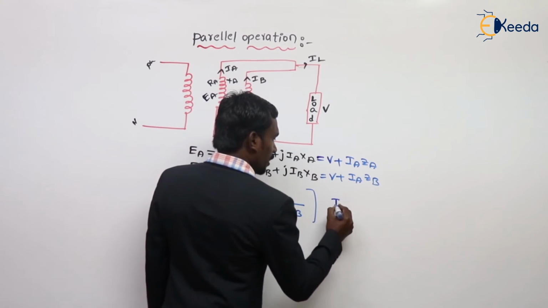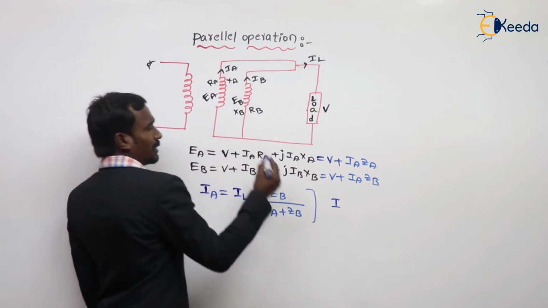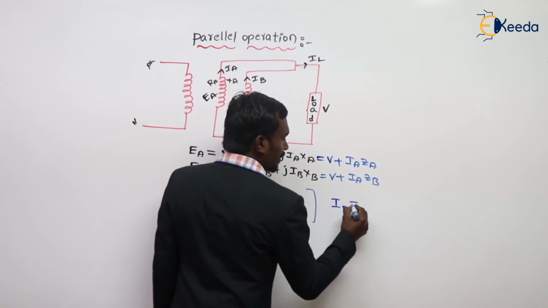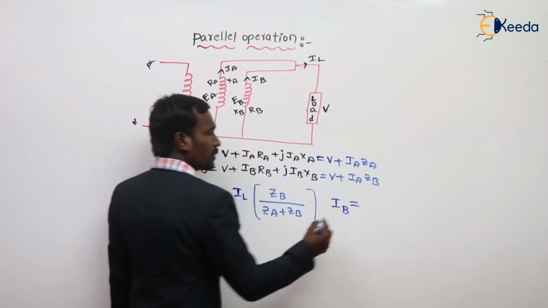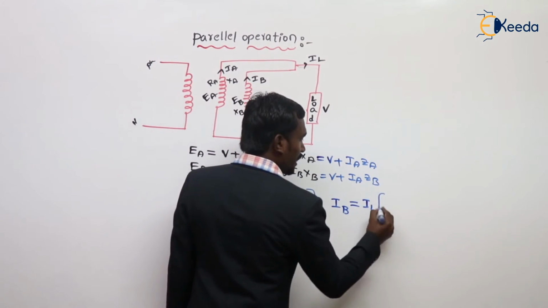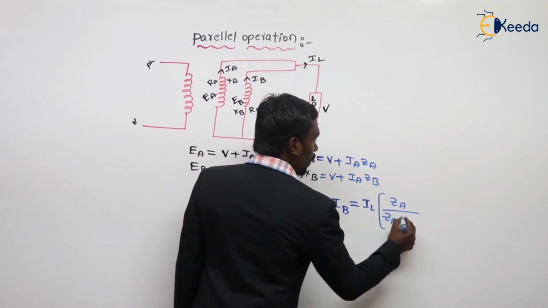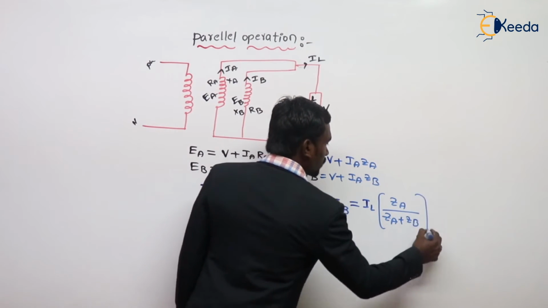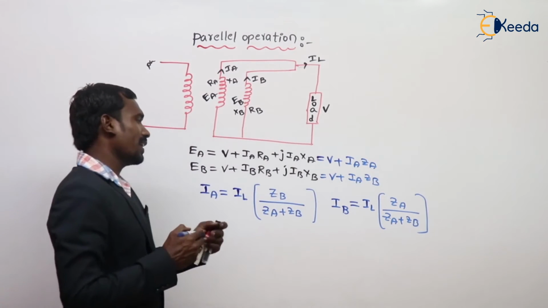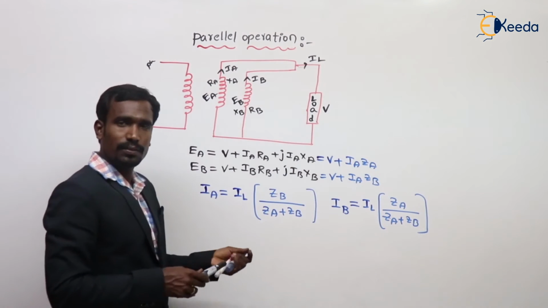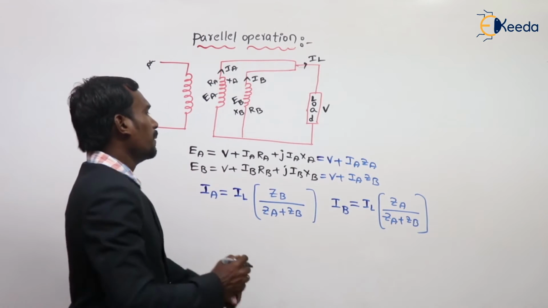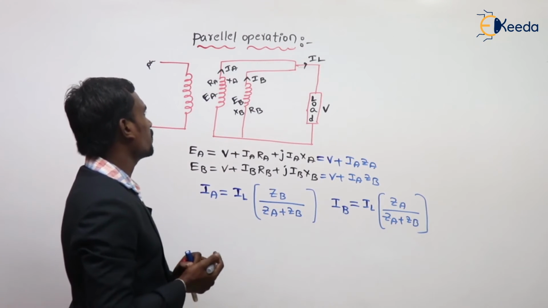And the current in the second transformer, IB, is equal to the total current IL multiplied by the opposite impedance upon the total impedance. This is the current sharing by the two transformers.